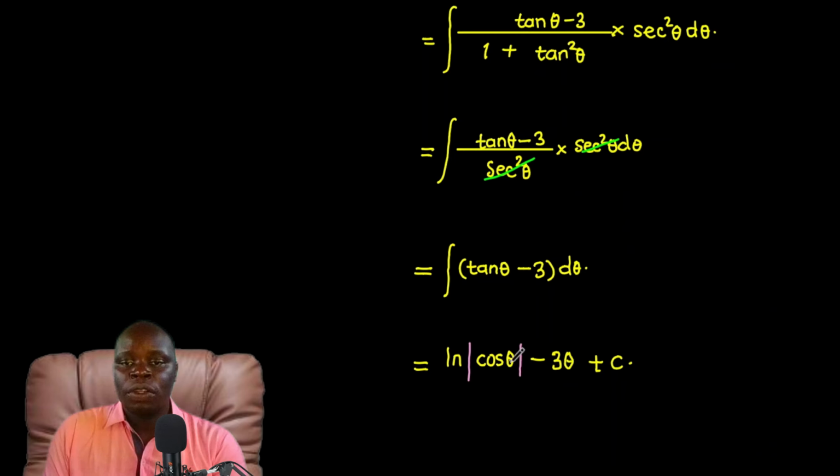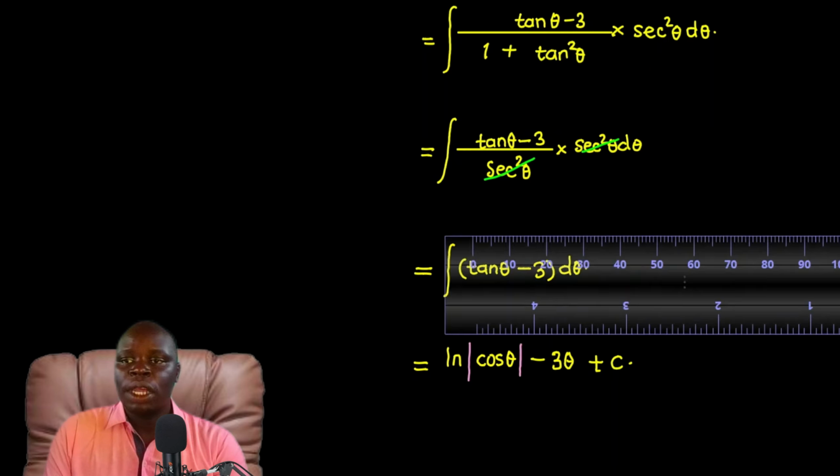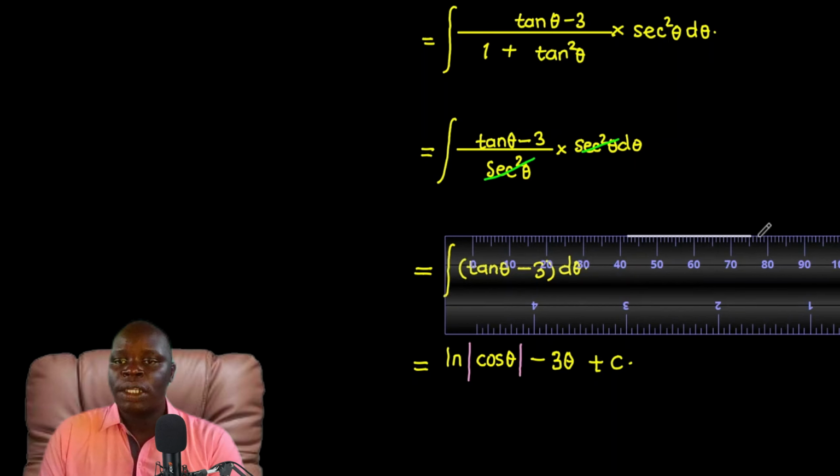Now let's take a look at also cos theta. How do you get cos theta? Again, we can draw a right angle triangle. Let's draw a right angle triangle here.